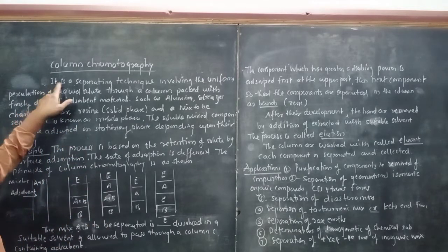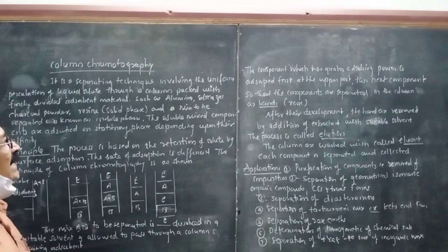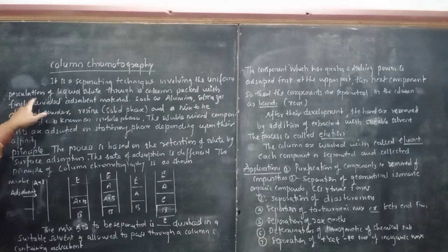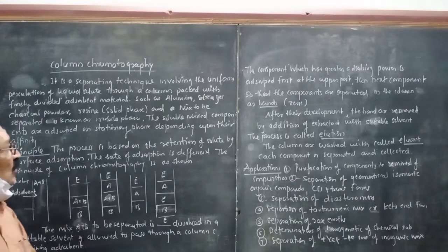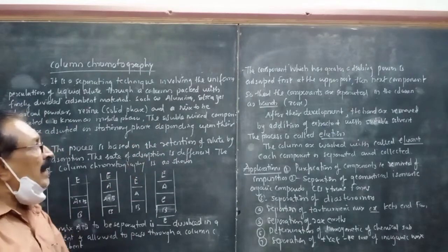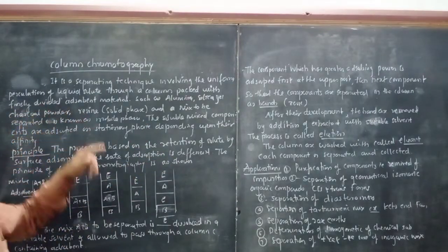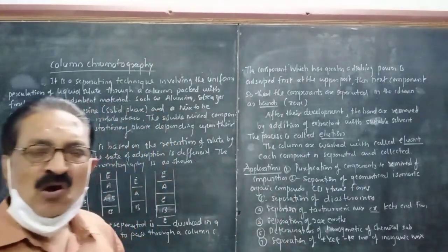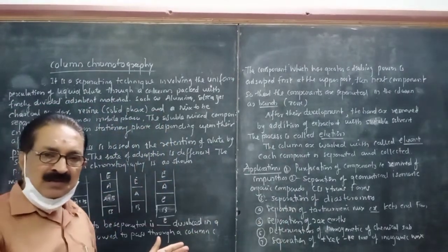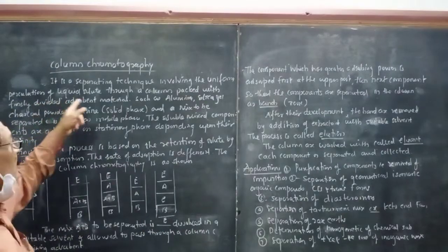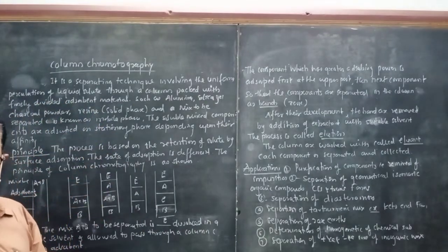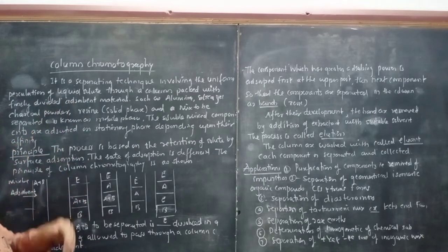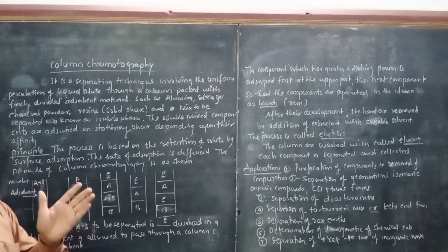The purpose is the separation of a mixture, a separating technique which involves the uniform percolation of the liquid solute through a column packed with finely divided adsorbent material. You take the column, and in the column the adsorbent material is placed, and that adsorbent material acts as a stationary phase.